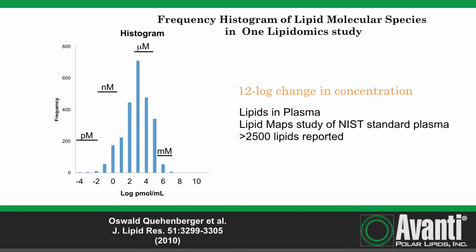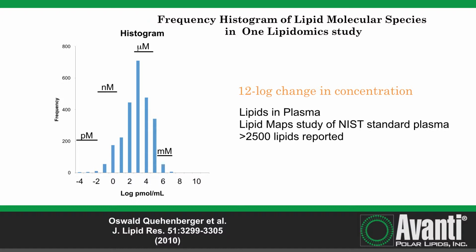Now, another challenge is shown on this next slide, which is an illustration of a frequency diagram of the concentration of lipids in plasma relative to the number of species in that family. And you can see there are some lipid molecules which are present in millimolar concentrations. These are typically triacylglycerides and cholesterol esters.